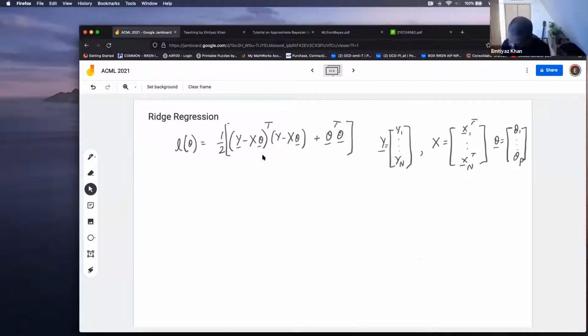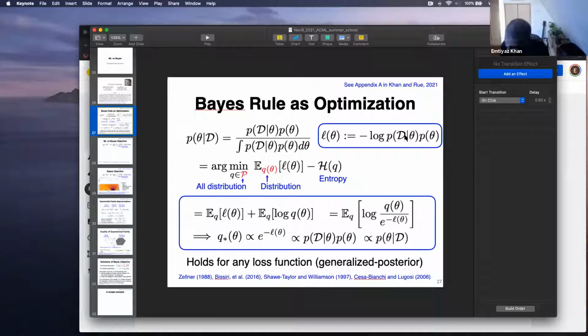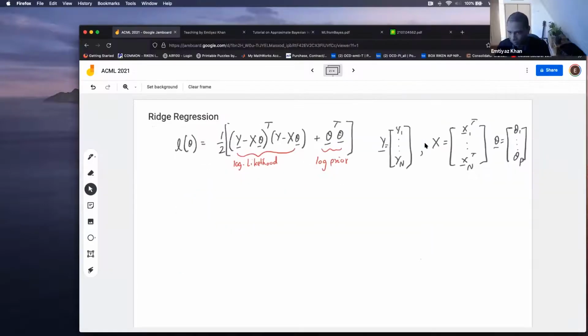I hope you understand that this is basically the log likelihood, and this is the log prior, and that's basically what I showed in my slide. So log p of theta and log p of D given theta. So I'm assuming that this is included in the loss.